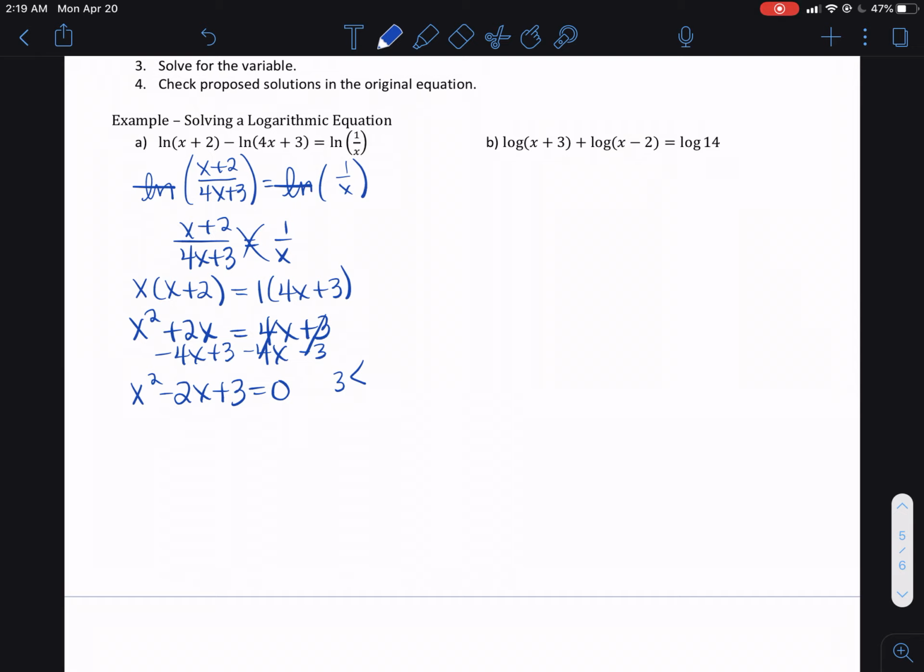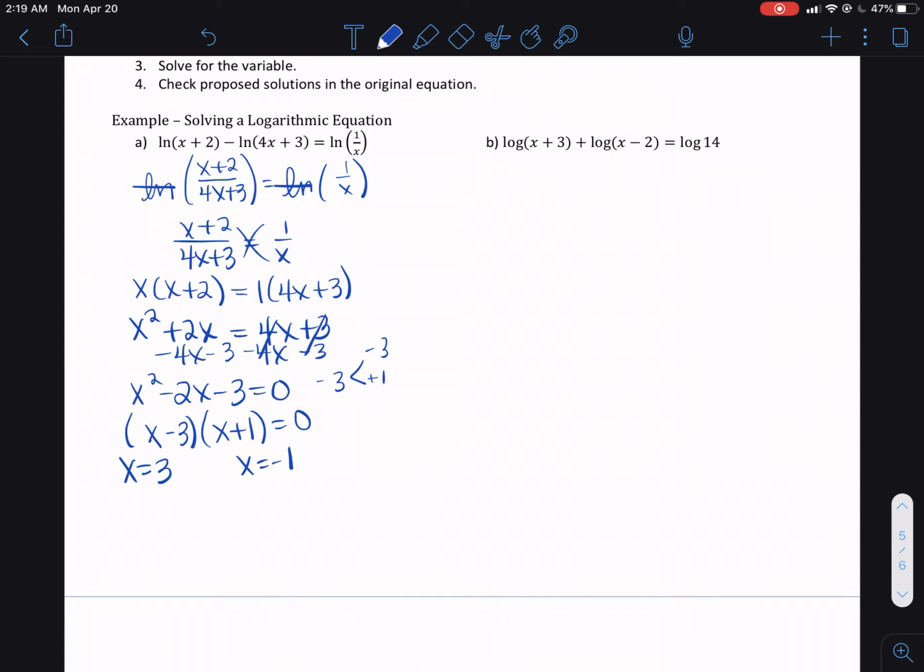Oops, sorry, this should be a subtraction. Well, let's do negative 3. That works better, which would give us negative 3 and positive 1. So we have x minus 3 times x plus 1 equals 0, which gives us x equals 3 and x equals negative 1.